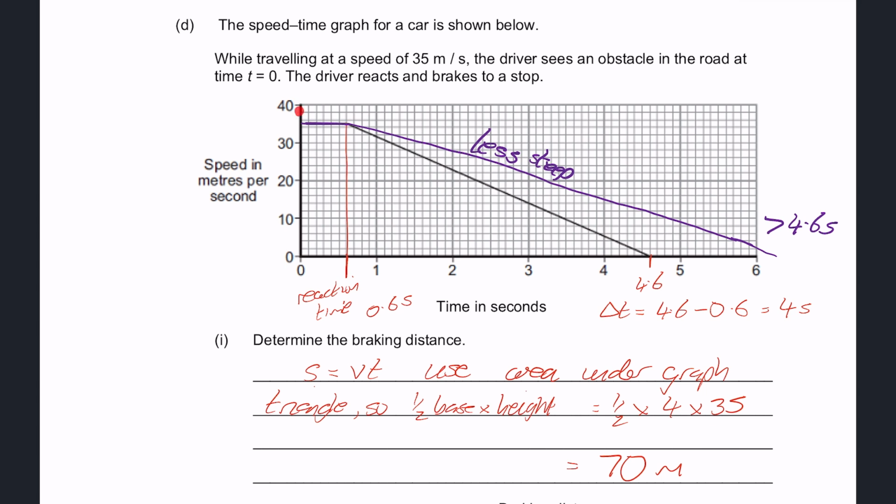So we've got 2 regions. We've got a flat region, and we've got this, ignore this purple one for now, we've got this black line here. So there's nothing happening between 0 and that point in terms of the speed. The speed doesn't change. So that indicates the period of time where the driver has seen the object and is reacting. So that there is the reaction time. They haven't pressed the brake yet.